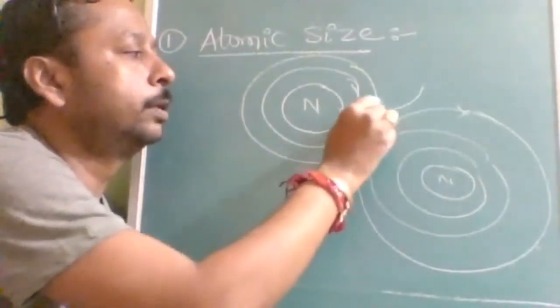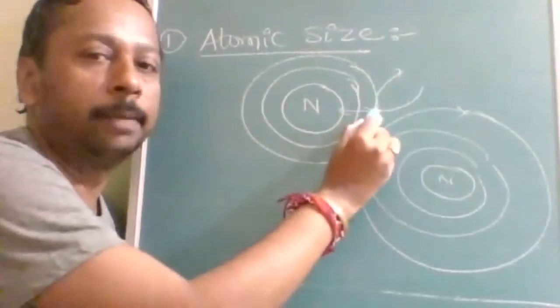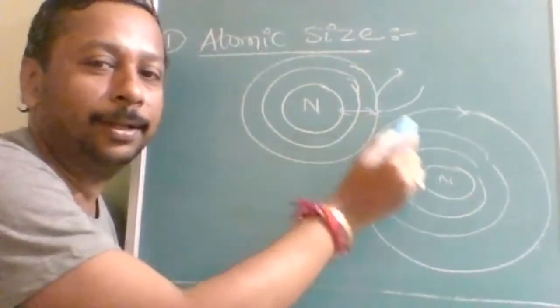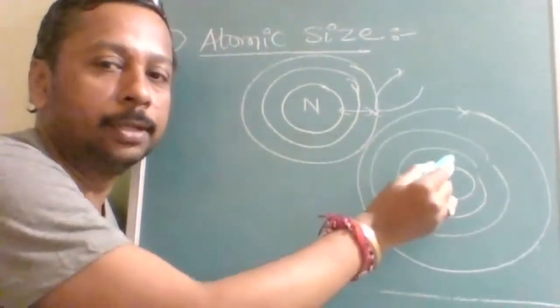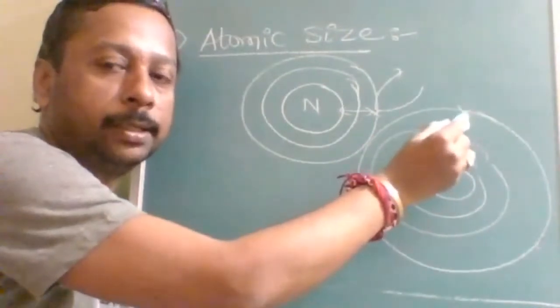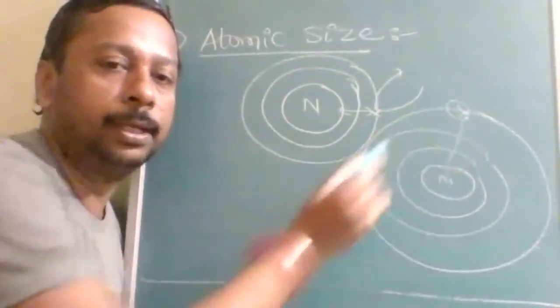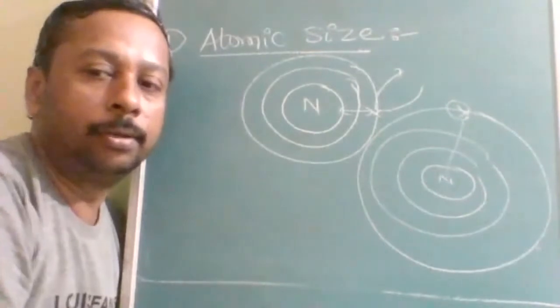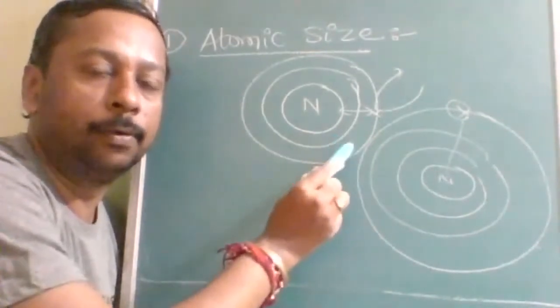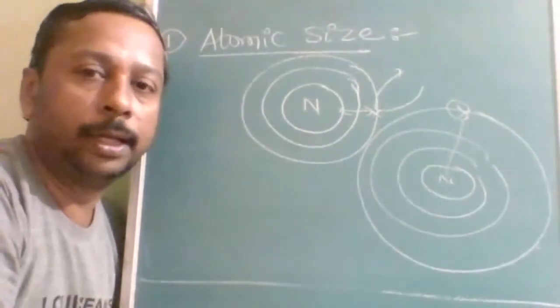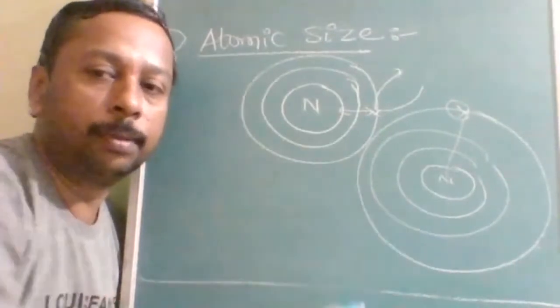So while you are stealing this electron, something can happen and catch you. Understood? But here there is no chance. It has to come out from a long distance to catch you while stealing this electron. So here you have to be very, very careful. You have to apply more energy. Here you need not apply more energy.